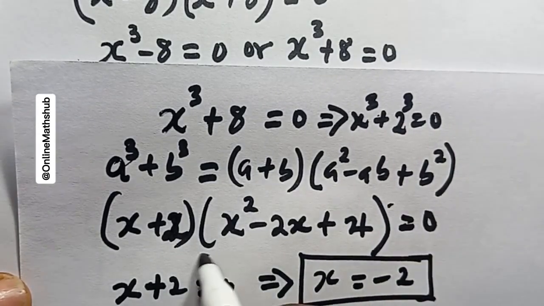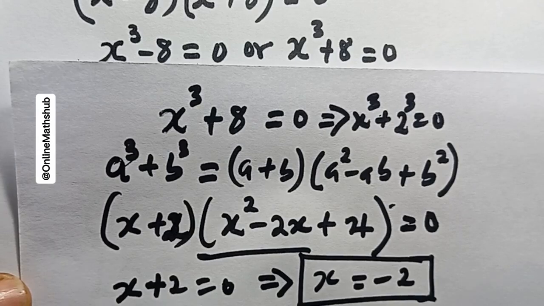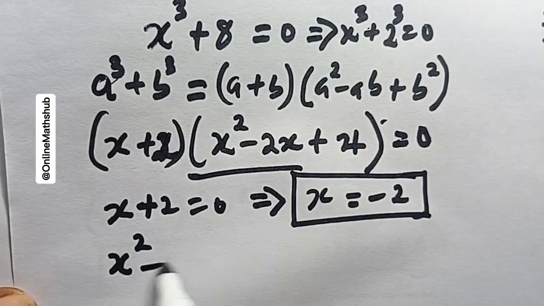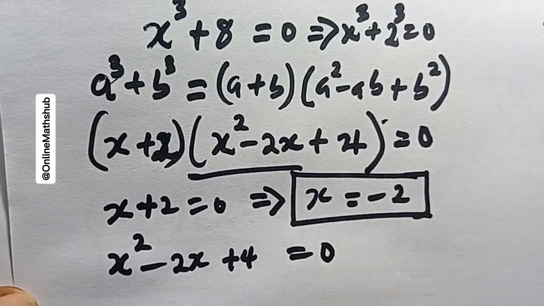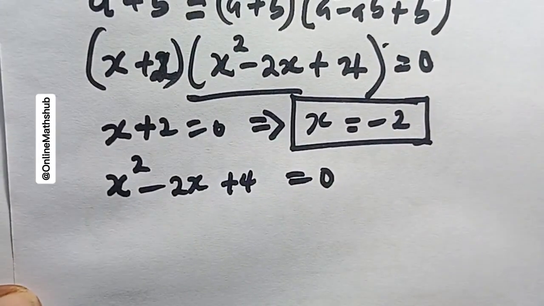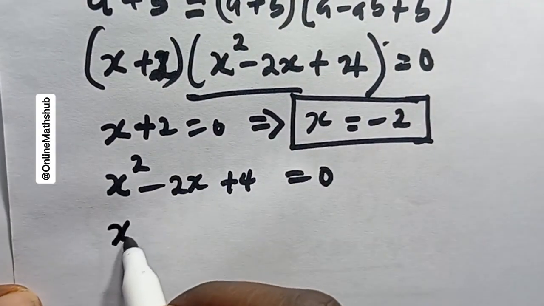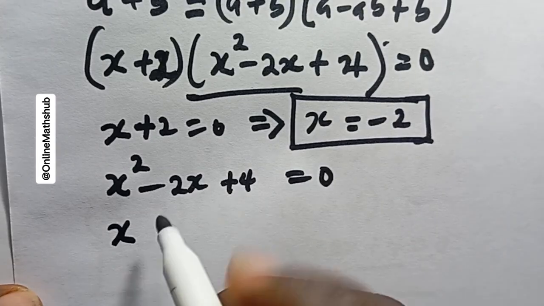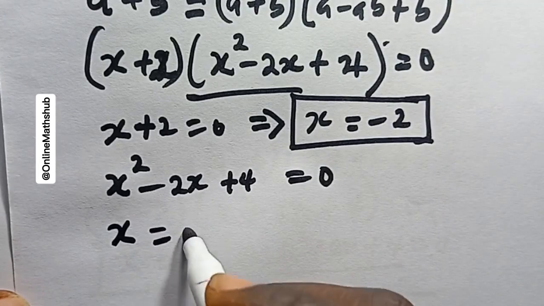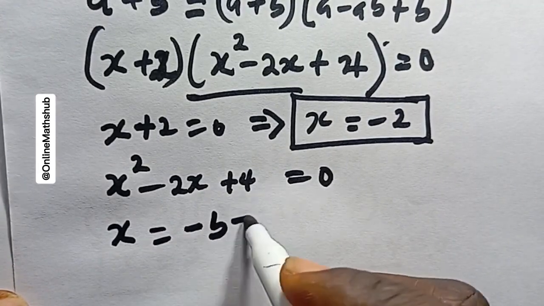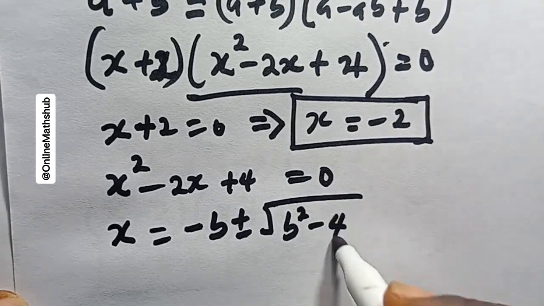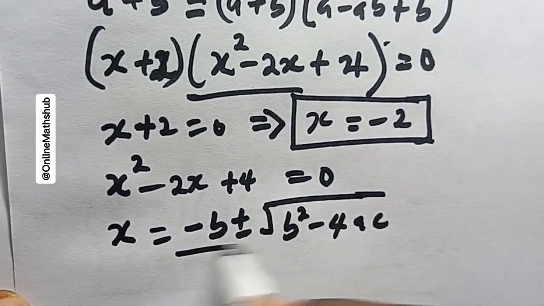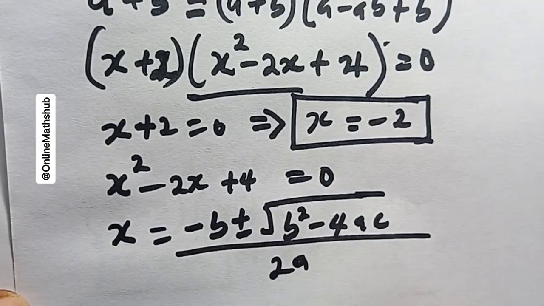And then if I consider this one, x squared minus 2x plus 4 is equal to 0. To solve this quadratic equation, we utilize the general formula method. So x will be equal to minus b plus or minus root b squared minus 4ac, all divided by 2a.